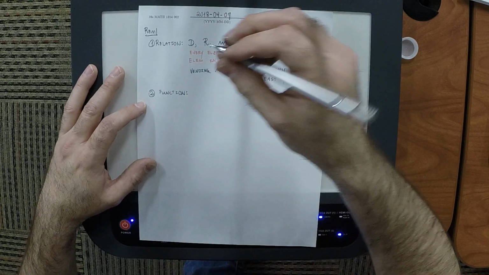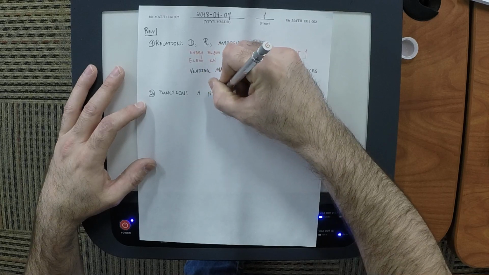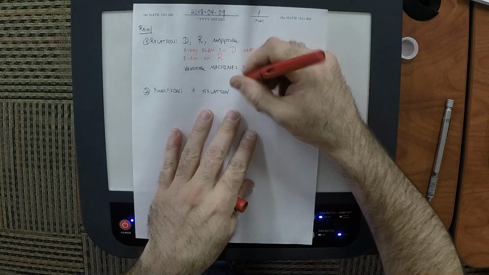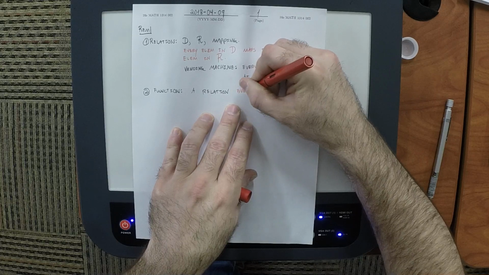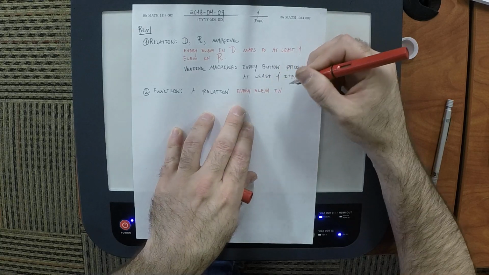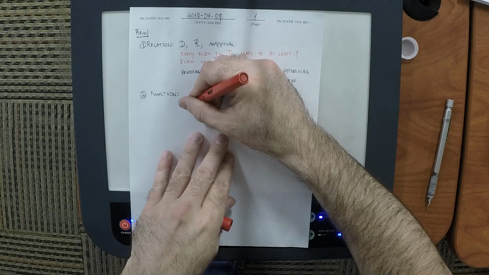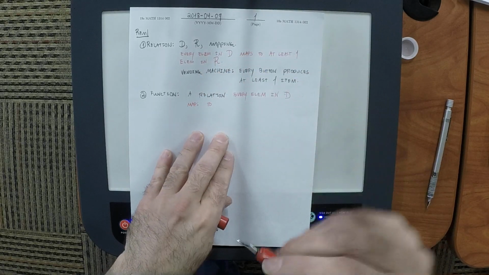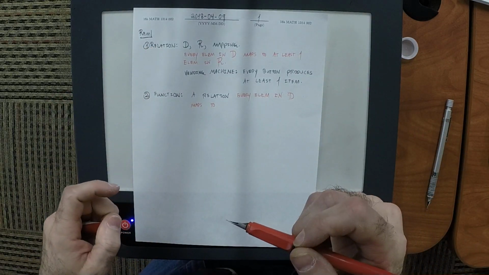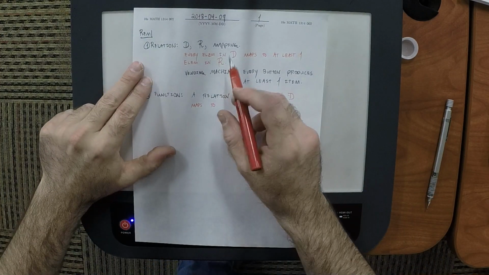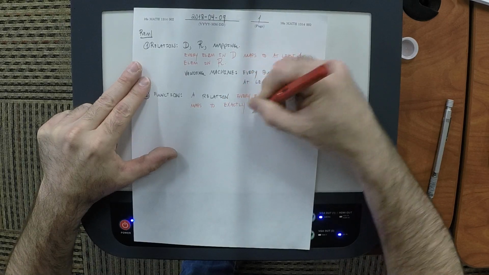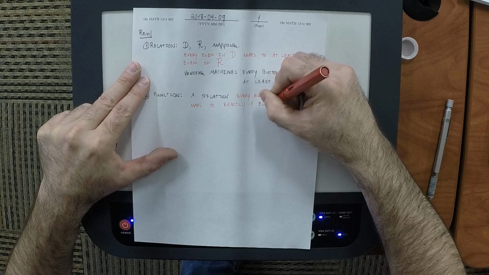So a function is a relation where every element in the domain maps to, so far it's exactly the same as a relation, but here's where it gets different, maps to exactly one element in the range.